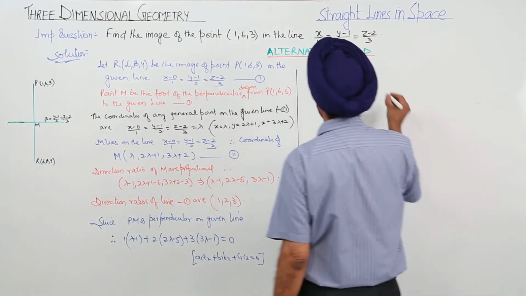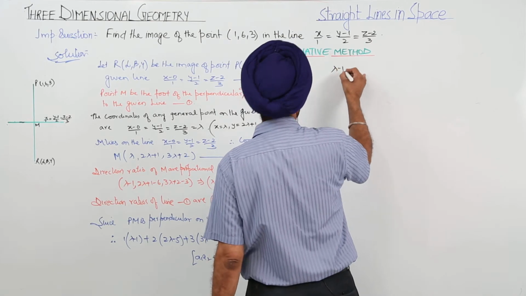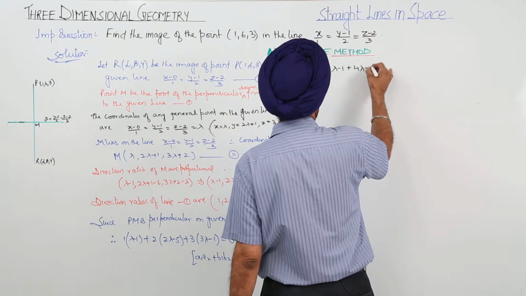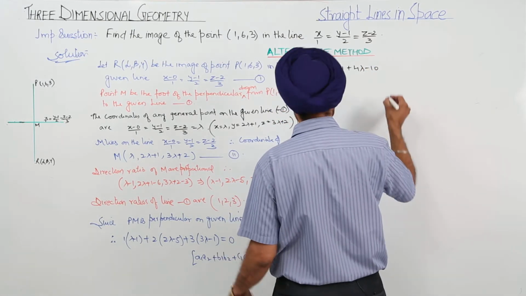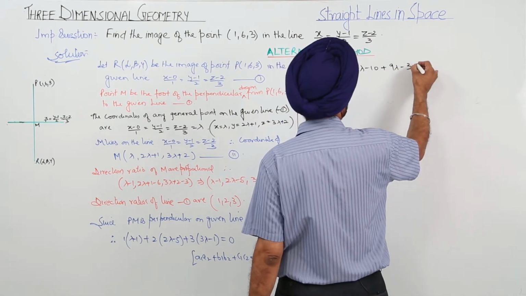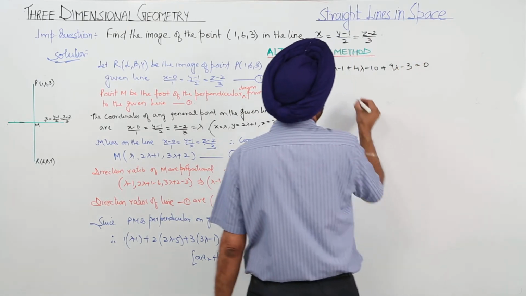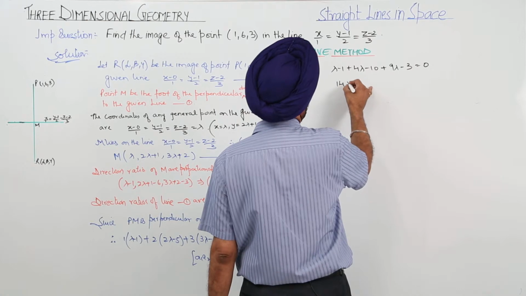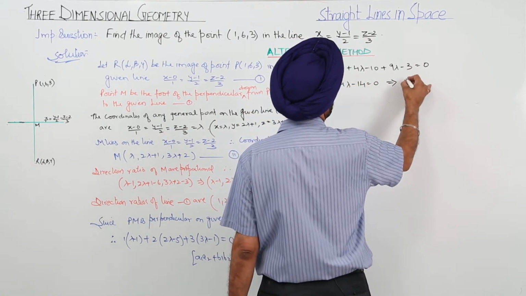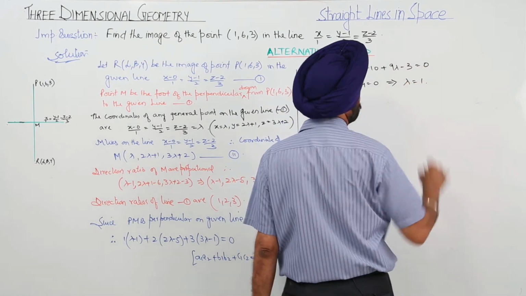Now solving, we have lambda minus 1 plus 4 lambda minus 10 plus 9 lambda minus 3 is equal to 0. So this becomes 14 lambda minus 14 is equal to 0, and this implies lambda is equal to 1.